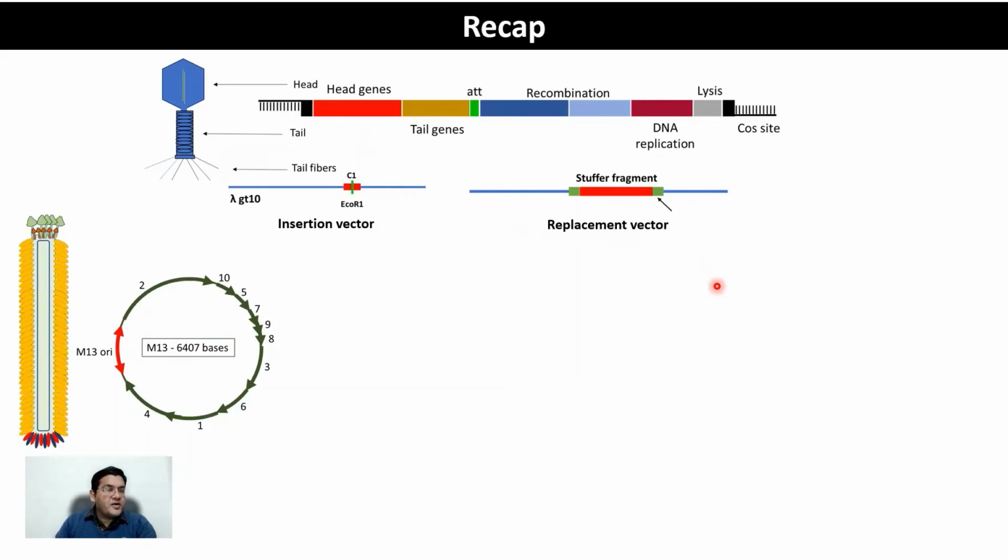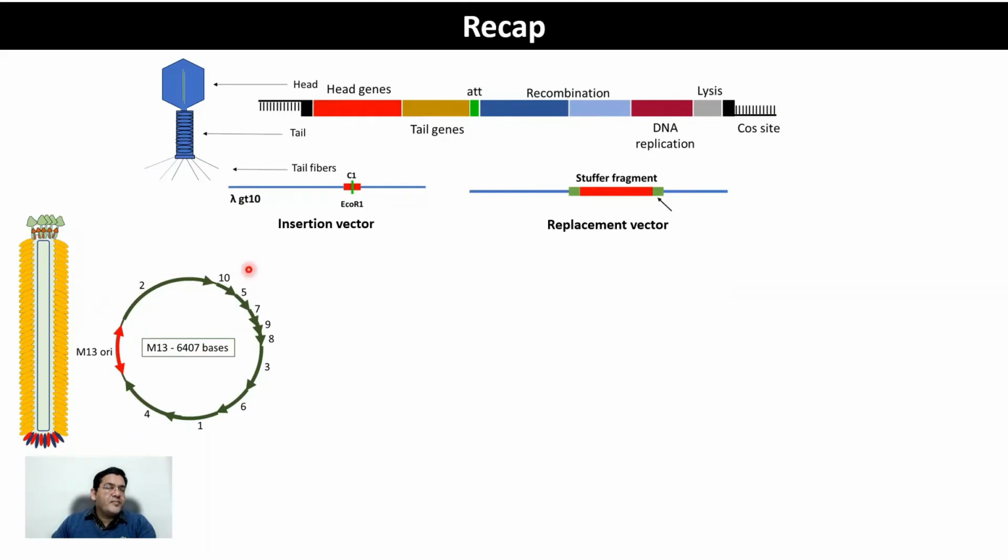as the M13 vector. M13 vector is important because here the DNA is circular and, very importantly, the DNA is single-stranded. In comparison, the lambda Phage DNA was double-stranded. This is helpful in generating single-stranded DNA fragments and therefore is of significance where you want to have single-stranded DNA for sequencing and also for development of probes, right?